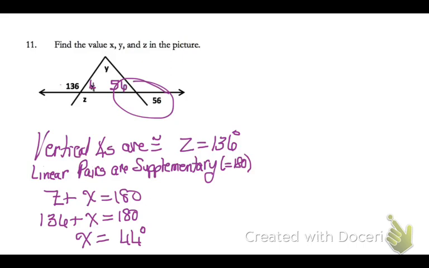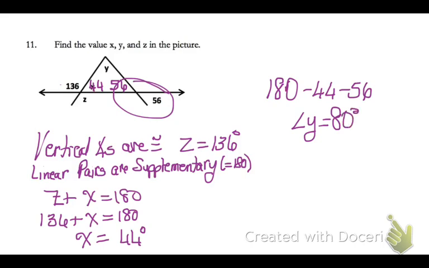I know that x is 44, so since there's 180 degrees in every triangle, if I subtract 44 and 56, I am going to get that angle y equals 80 degrees. And on a test, I would want you to write the measure of angle z equals 136, and the measure of angle x equals 44 degrees.